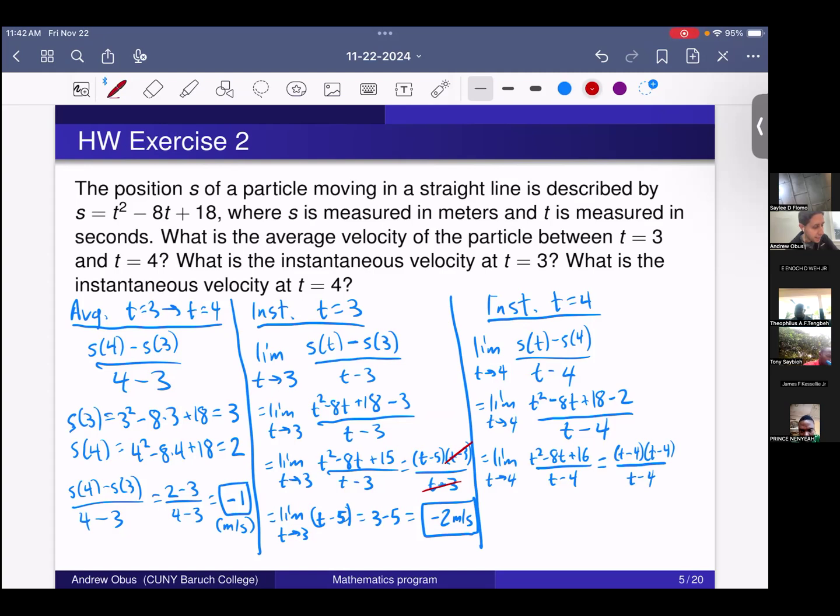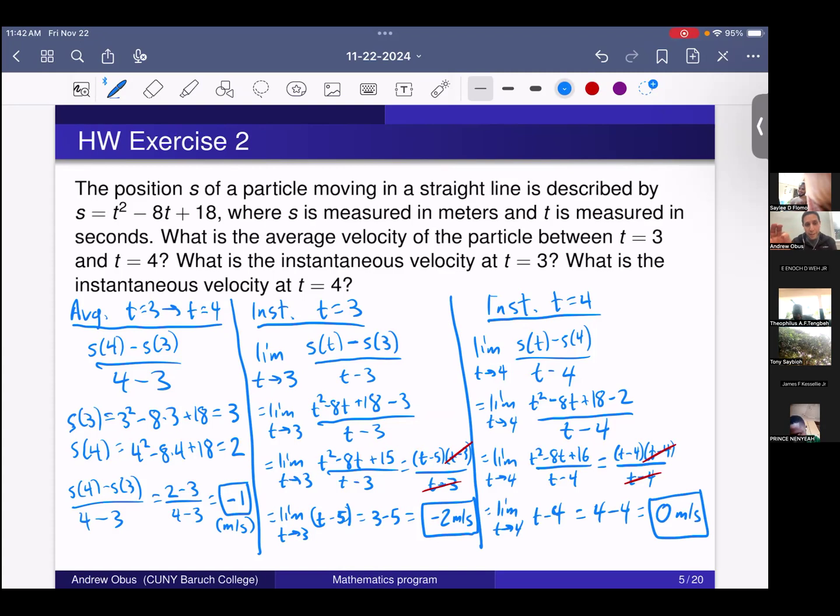So this simplifies nicely, and we get a cancellation there. And so we're left with the limit as t approaches 4 of t minus 4. And now this is a polynomial, so we can just punch it in. So this is just 4 minus 4, and that means 0 meters per second. Okay, so the instantaneous velocity at t equals 4 is 0 meters per second.